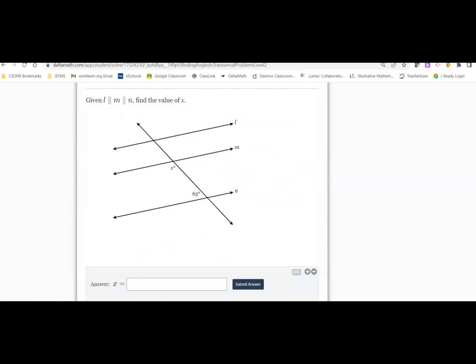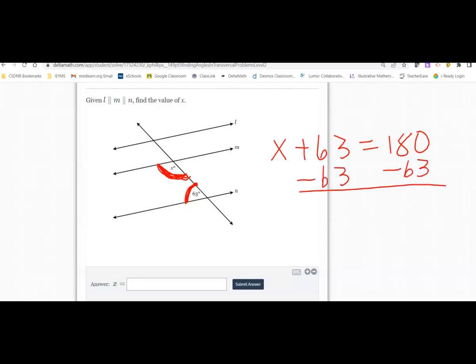Make your marks, right? X and 63. Obtuse, acute. They are not equal in size, so they must be supplementary. Subtract 63, and get 117.